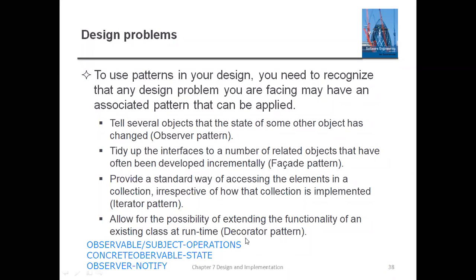And one more is the decorator pattern, which allows you to add more functionality or components to an existing one, so it adds new things. These four things are your design problems. So your design problems are of four types: the first is observer pattern, then facade pattern, then iterator pattern, then decorator pattern.